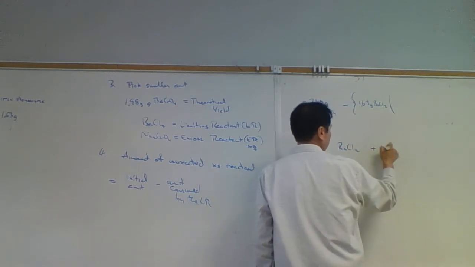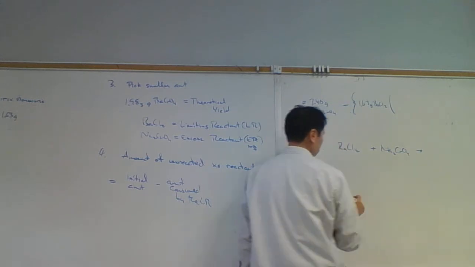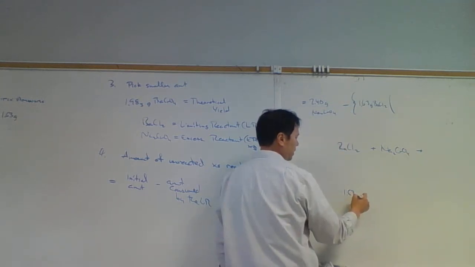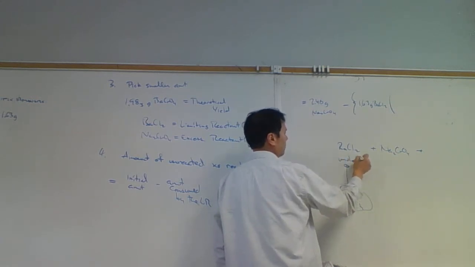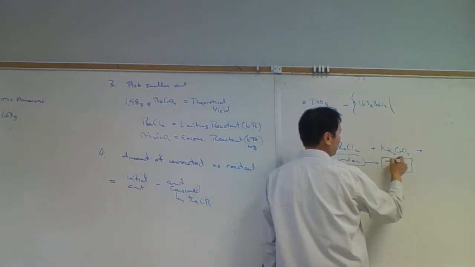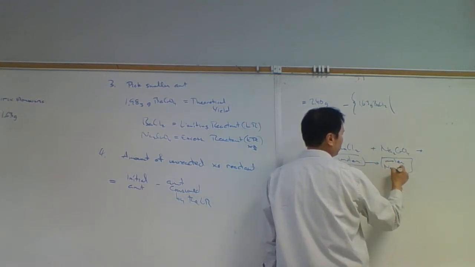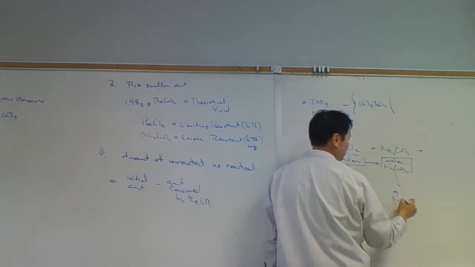Barium chloride plus sodium chromate. So we'll start with 1.63 grams of barium chloride. Then we're going to go to moles of barium chloride. From moles of barium chloride, we're going to go to moles of sodium chromate. And from moles of sodium chromate, we'll get grams of sodium chromate.